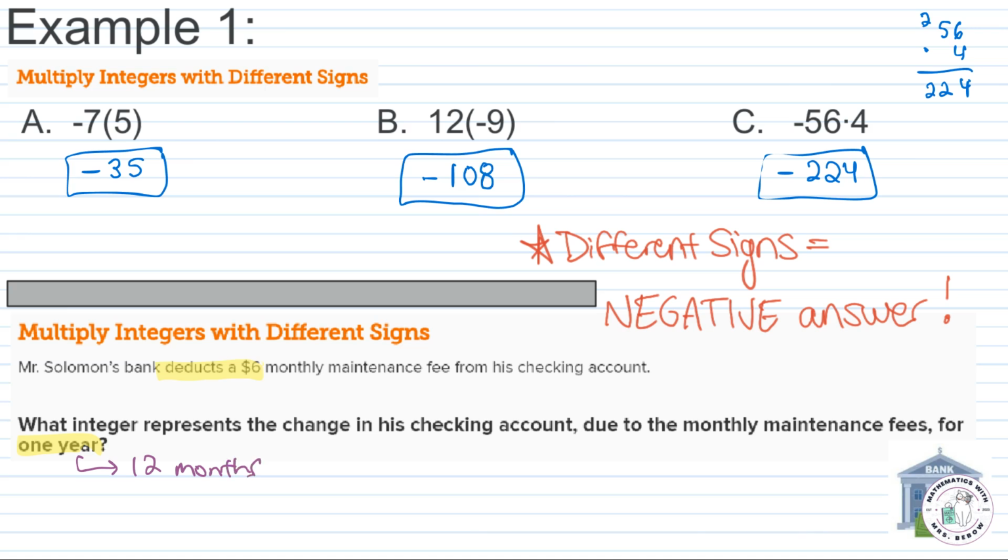And so the problem we're going to be solving here, if you're deducting 6, that value is a negative. So we're going to do negative 6 multiplied by 12. And so we get the answer of negative 72. And we can also say negative $72.